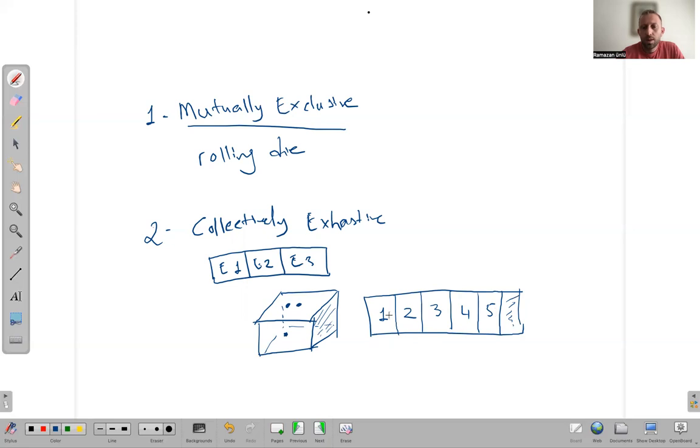So in summary, if the union of events creates our sample space, I can say that the sample space is collectively exhaustive. So if our sample space is mutually exclusive and collectively exhaustive, we can talk about the axioms.